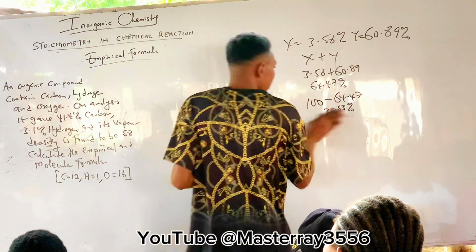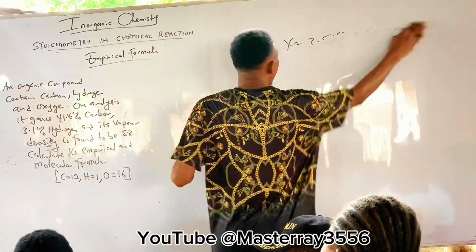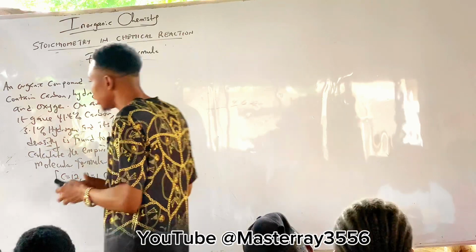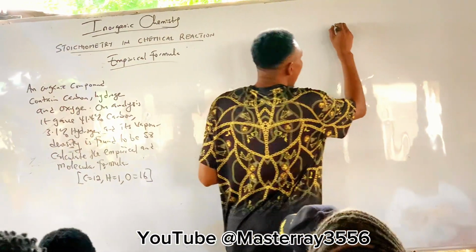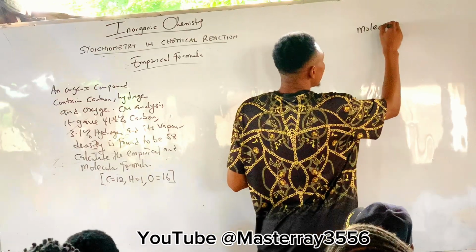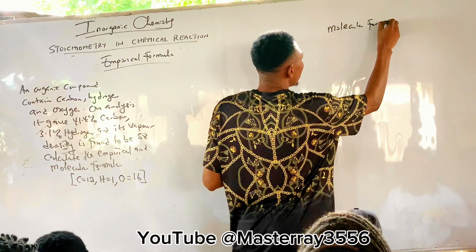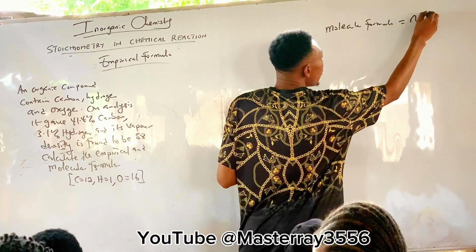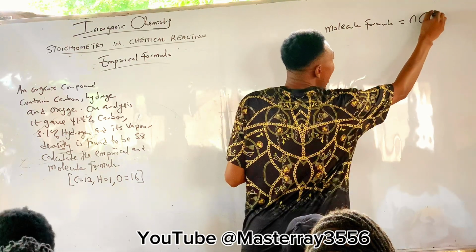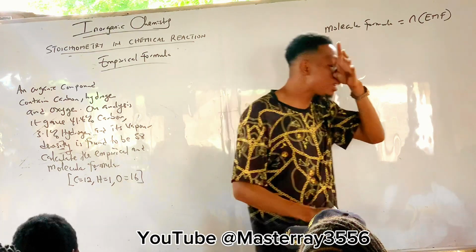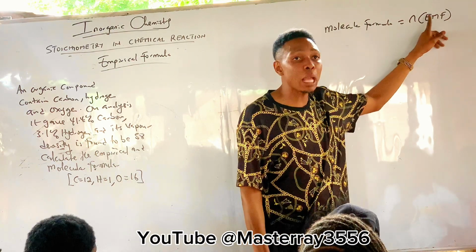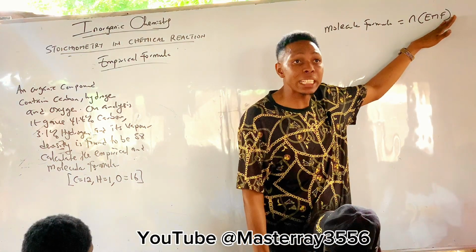All right. Now this time around, let's work on this question, and in terms of molecular formula. Molecular formula is a multiple of your empirical formula. Are you following? Yes. Molecular formula is your multiple of your empirical formula. Is that clear?